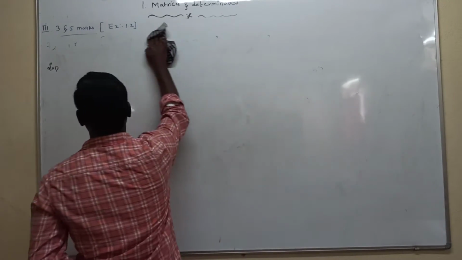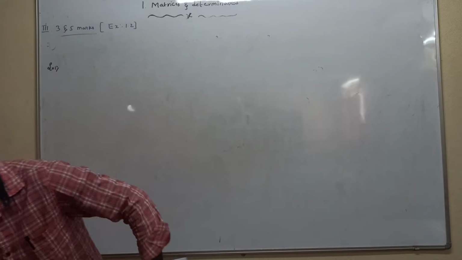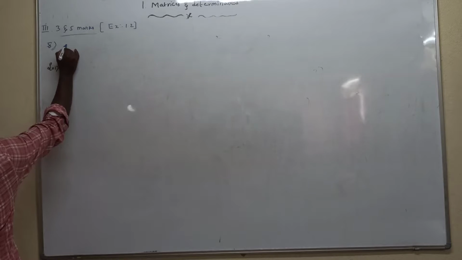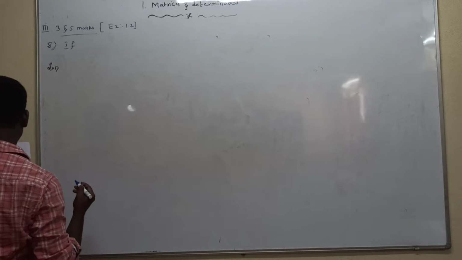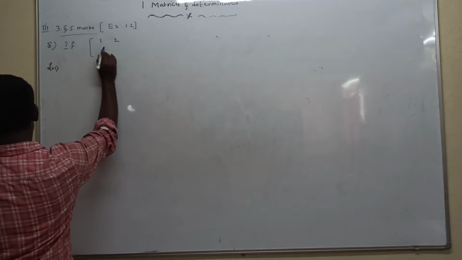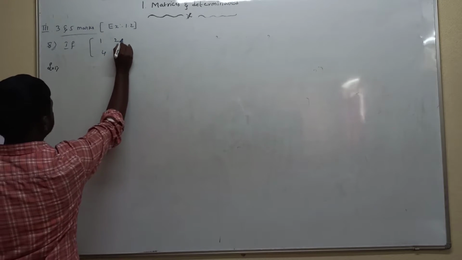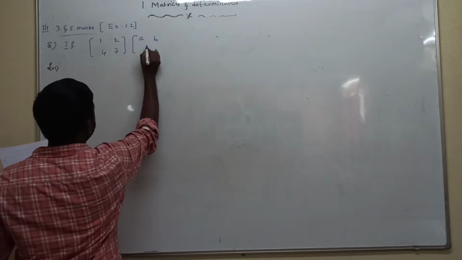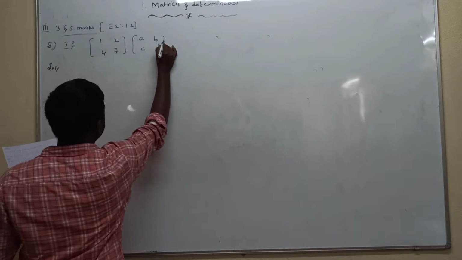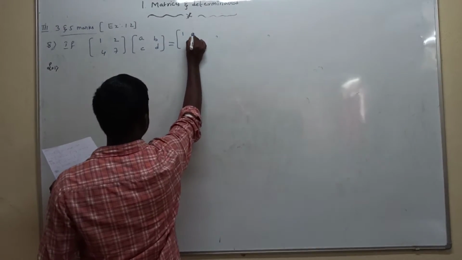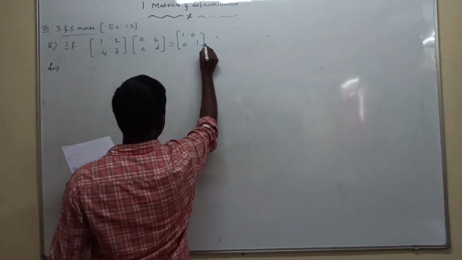See question number 8. The matrix 1, 2, 4, 7 times the matrix A, B, C, D is equal to 1, 0, 0, 1.